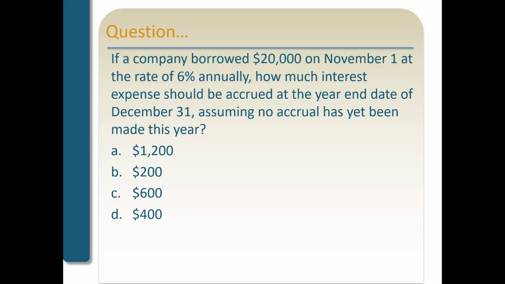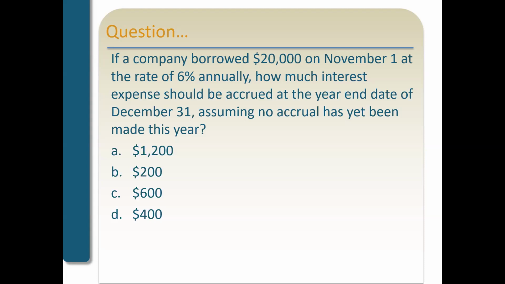So if a company borrowed $20,000 on November 1st at the rate of 6% annually, how much interest expense should be accrued at the year-end date of December 31st, assuming no accrual has yet been made this year? How many months, first of all, are we accruing for? 2 months, November and December.